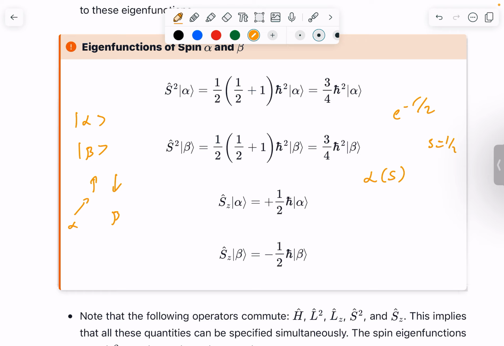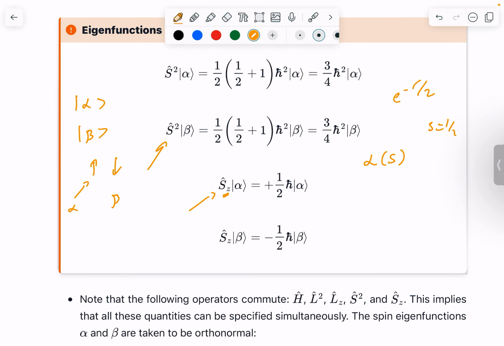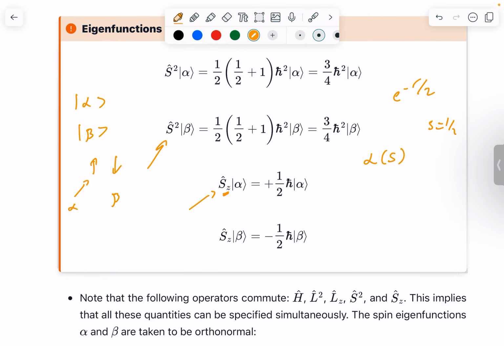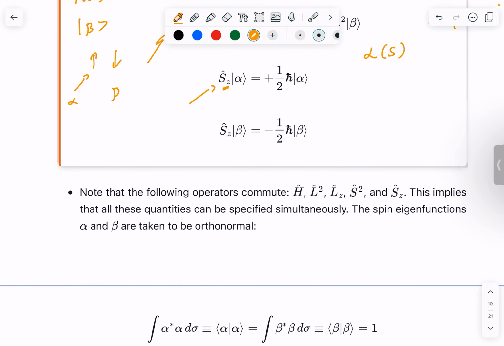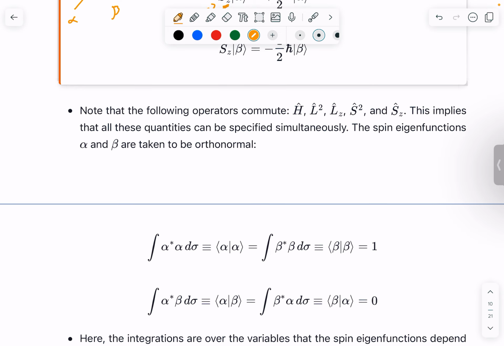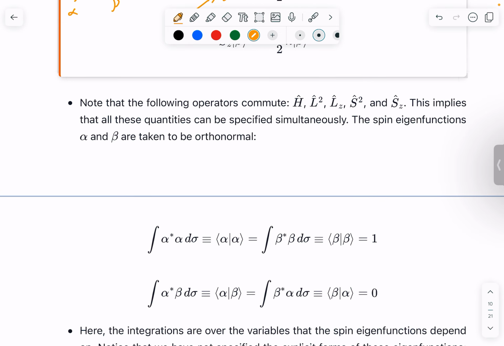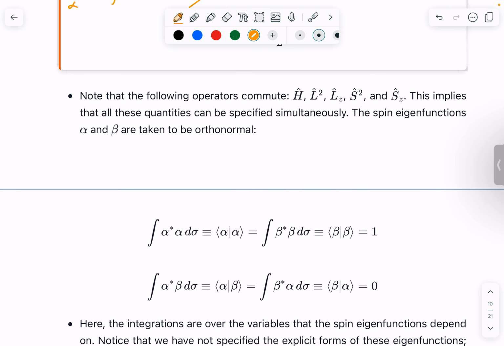Nothing surprising here. This is the projection, notice there's a z, and this is the full value of S. Similar relationships as we had for angular momentum. Let's see how their operators interact. All these operators are commuting, which is great. That means that they share the same pool of eigenfunctions.